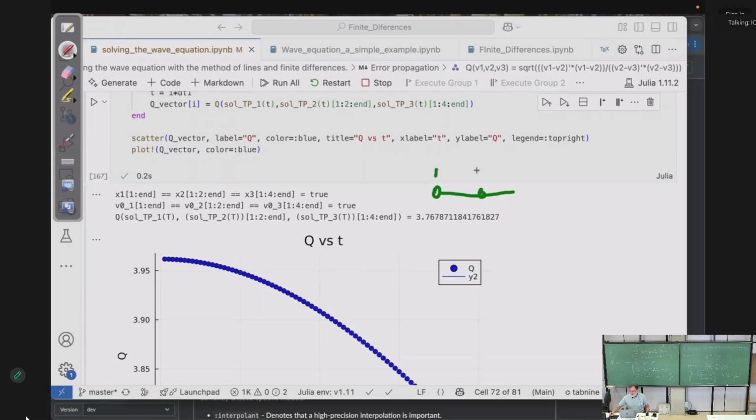Let's say I have points 1, 2, 3 in the lower resolution.